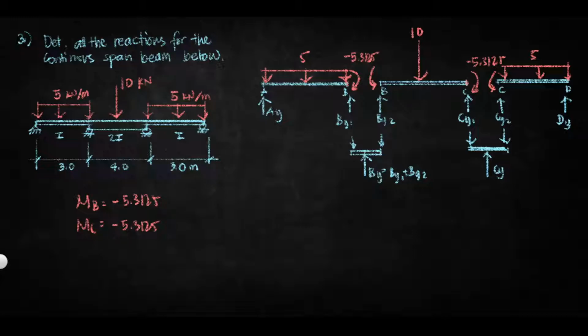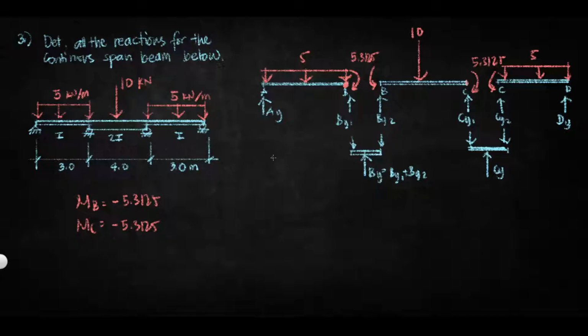Okay, to solve AY, mag-moment lang tayo sa point B. Okay, so positive clockwise. So, direct calculate na tayo, no? Positive clockwise. So, we have dito, no need for us to write yung ating negative sign dito. Kasi na-apply na natin sa rotation yung negative niya.